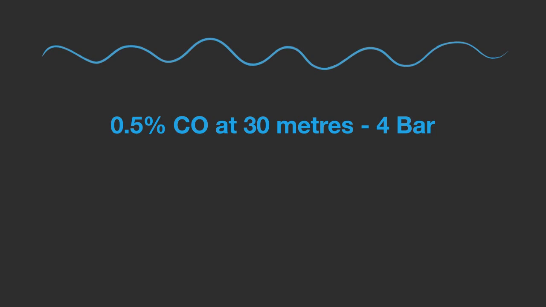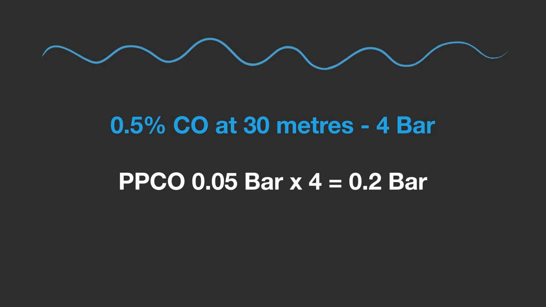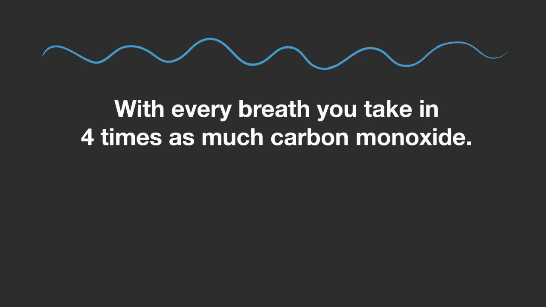So the partial pressure of the carbon monoxide will be 4 times higher. 0.05 bar multiplied by 4 equals 0.2 bar. With every breath you take in 4 times as much carbon monoxide as you would at the surface.